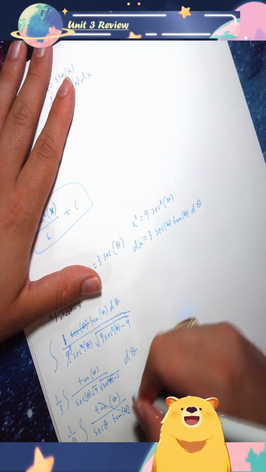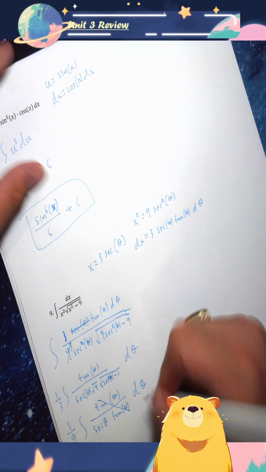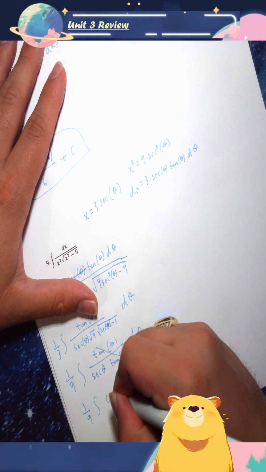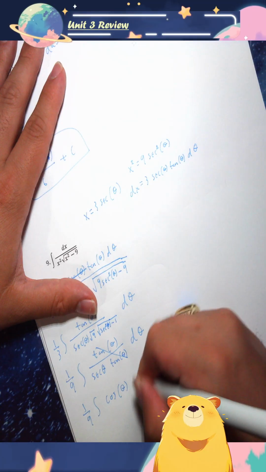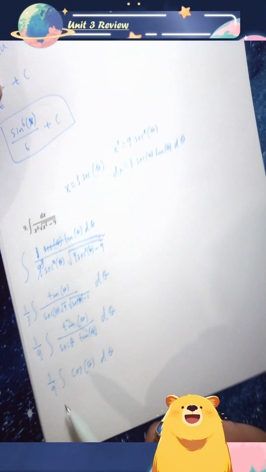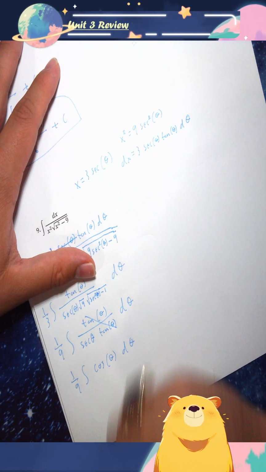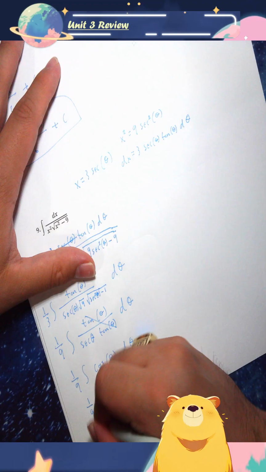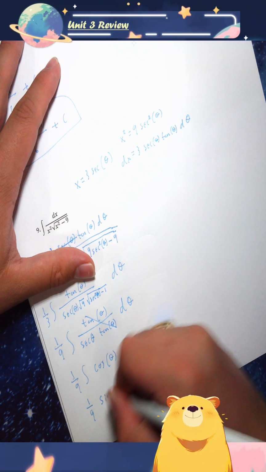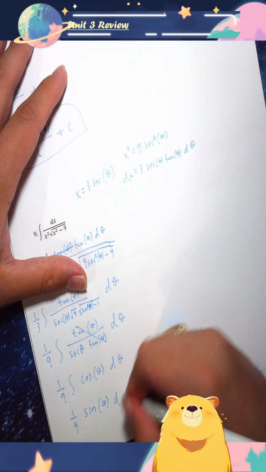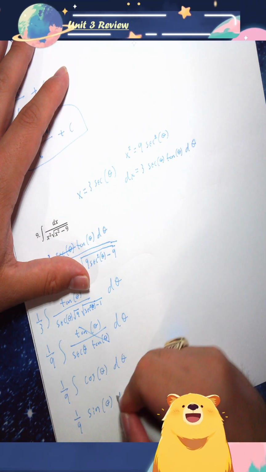That's canceling out. And because you have 1 over secant, you could just write that as cosine of theta. And then the integral of cosine of theta is sine of theta.